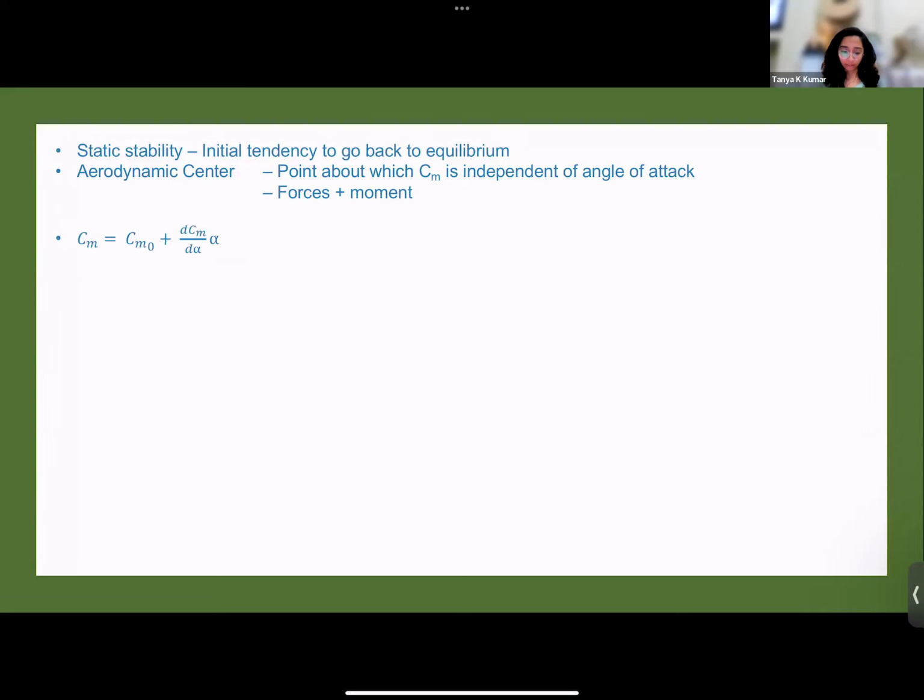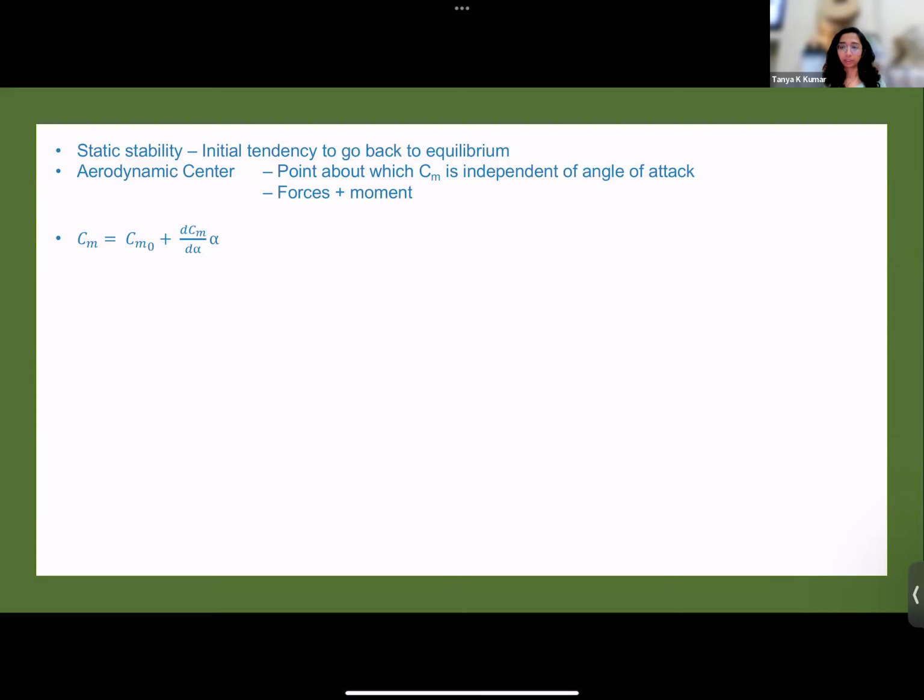Alright. So this was the linearized equation for coefficient of pitching moment that we saw. Cm is Cm naught plus dCm upon d alpha into alpha. Can anybody recall what is the only condition for static stability? From this equation, what term should be positive or negative or zero for the aircraft to be longitudinally statically stable?